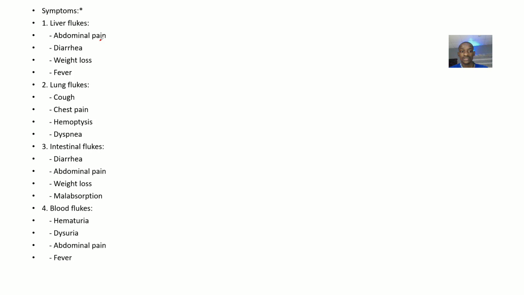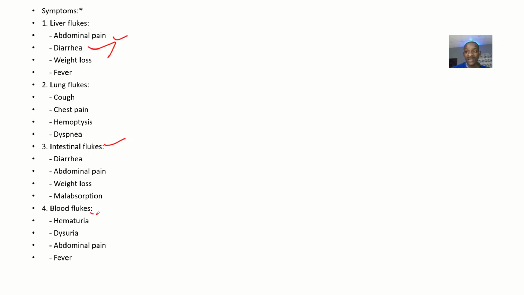All right, so symptoms. Liver flukes could cause things like abdominal pain, diarrhea, weight loss, fever. Lung flukes affect the respiratory tract, so they cause things like cough, chest pain, hemoptysis, dyspnea. Intestinal flukes cause diarrhea, abdominal pain, weight loss, malabsorption.